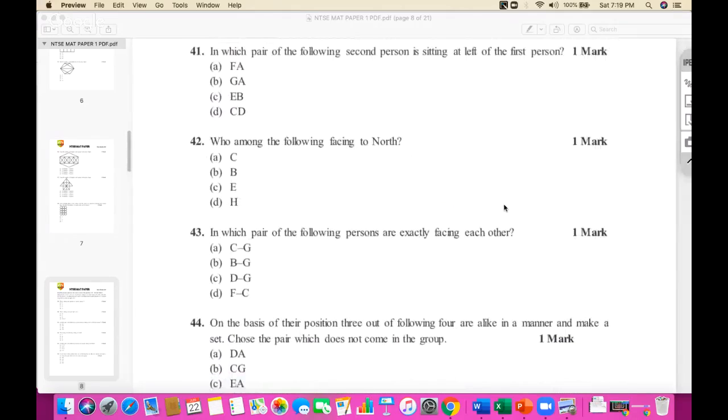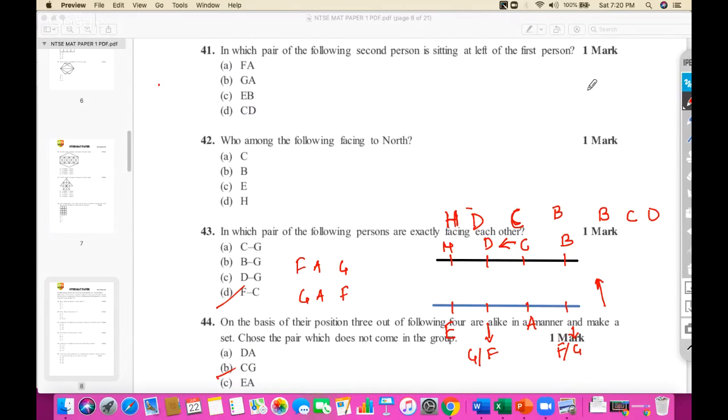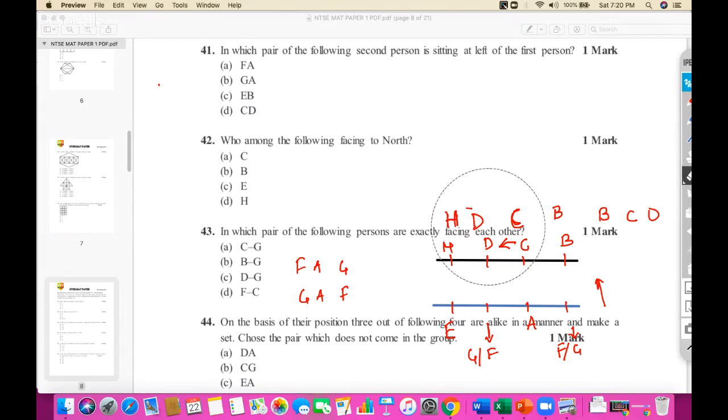Question number 41 to 44 is visible now. So question number 41, let me not tick it so that you'll see, let me also remove this. In which pair of the following second person is sitting left of the first person?